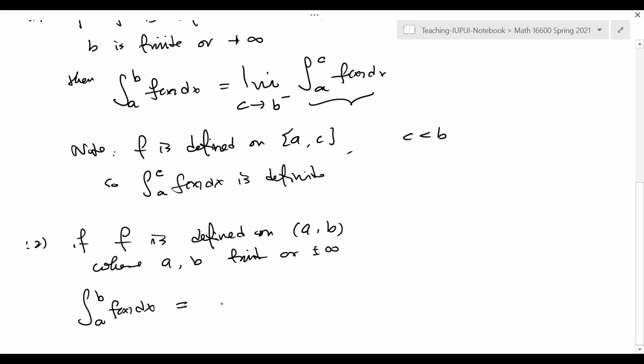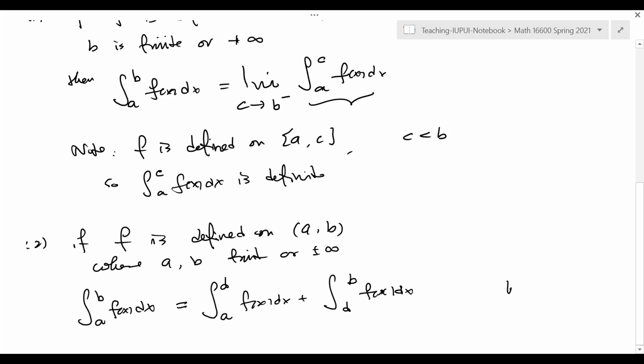It should be defined to be a number, and I can put a d here: the integral from a to d of f of x dx plus the integral from d to b of f of x dx.